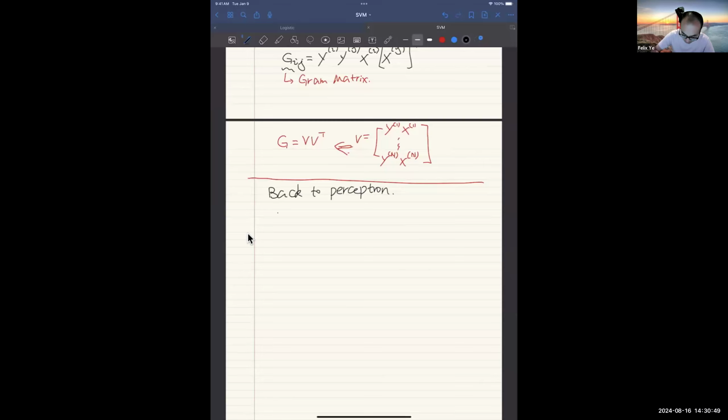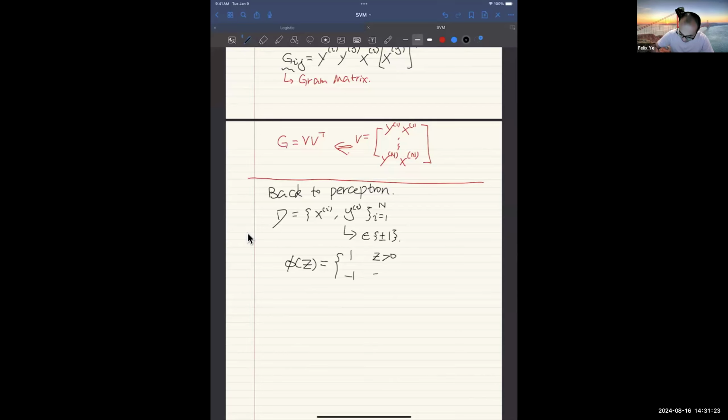Then we have a data set D of x_i and y_i from 1 to n. In this case, I'm going to call y between +1 and -1, just to be consistent with SVM. In the perceptron, we use a step function as our activation function. So if z is bigger than 0, that will be 1.